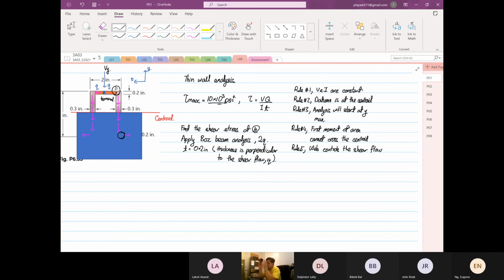Why we have to consider that? Because from the terminal, one of the Q goes to the left-hand side, and the other Q goes towards the right-hand side.